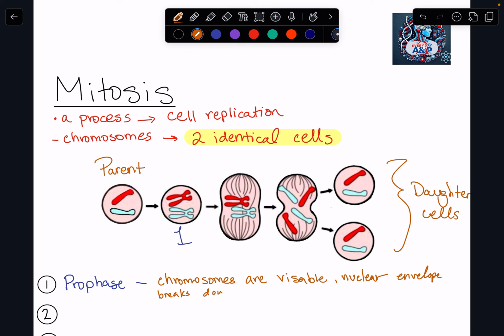In prophase, the chromosomes are going to condense, they become visible. And the nuclear envelope breaks down, which allows us to actually see these chromosomes.